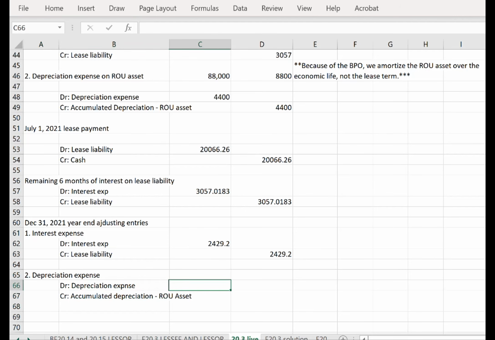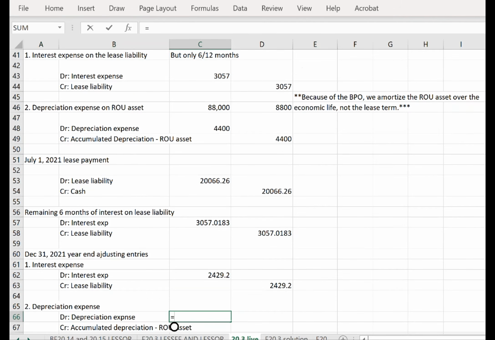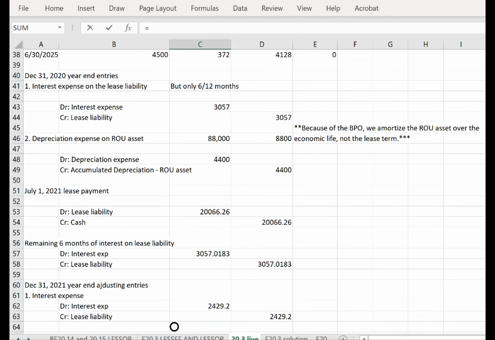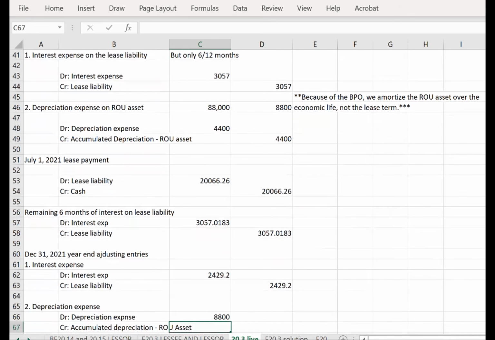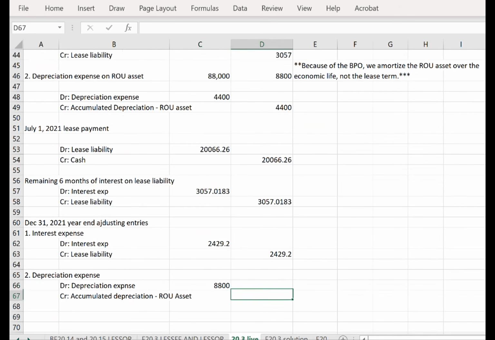And here we're going to have an entire year because we didn't record this in July. We've just decided we're going to record it at year end, which is fine because all we need is for this to be correct for the fiscal period. So we're going to have $8,800 here as our amortization for the right of use asset.